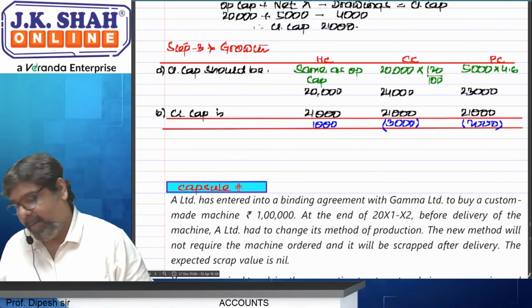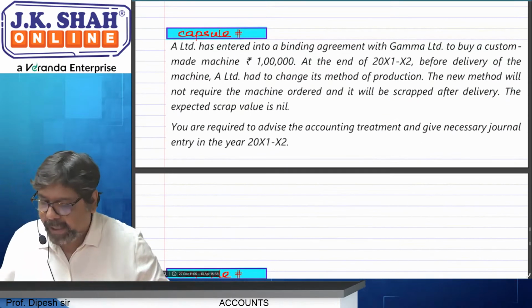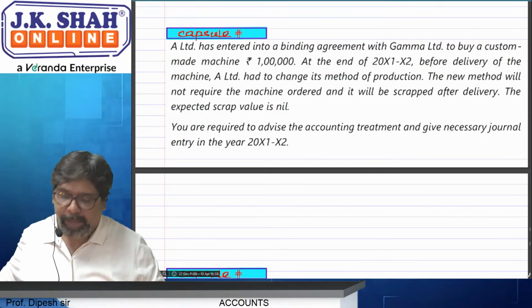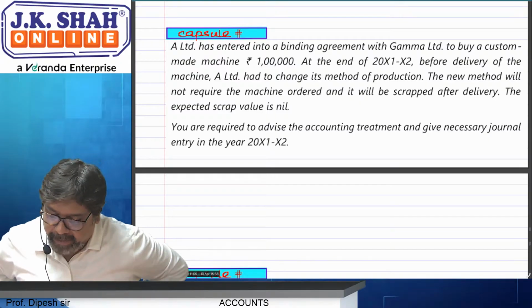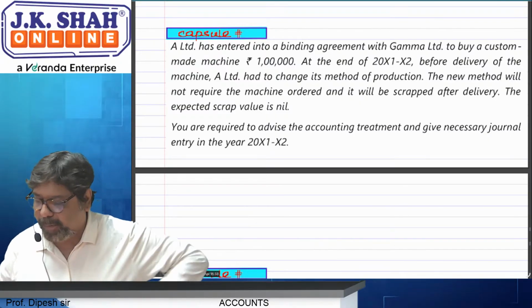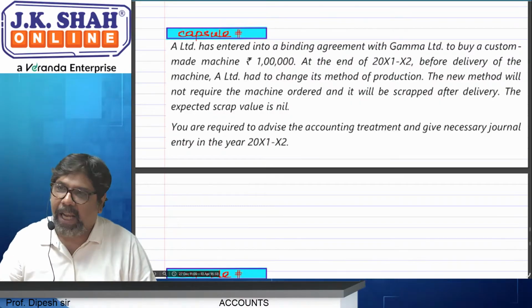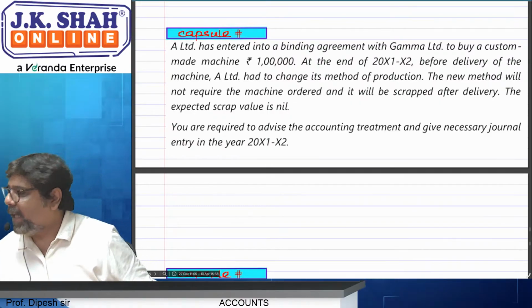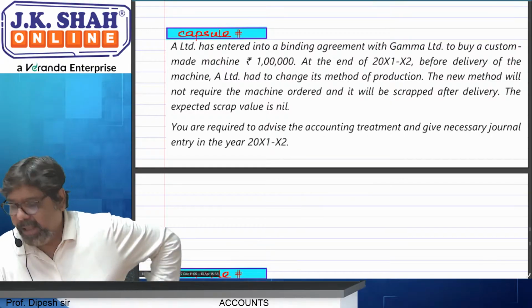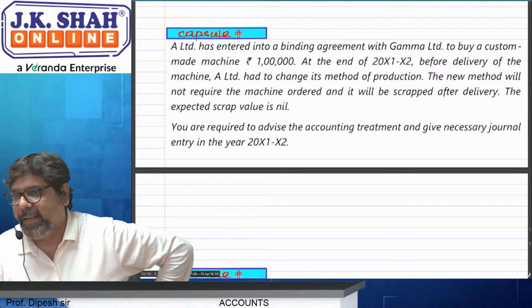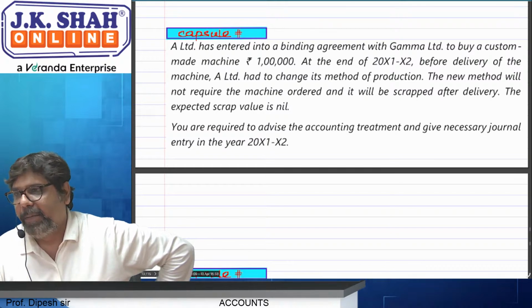A Limited has entered into a binding agreement with Gamma Limited to buy a custom made machine for rupees 1 lakh. Binding agreement means whatever happens, I will honor the agreement, whether profit or loss.